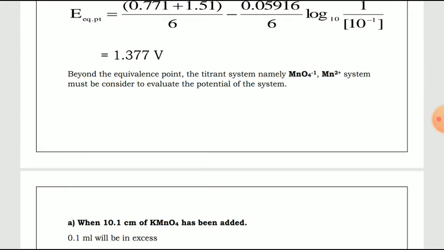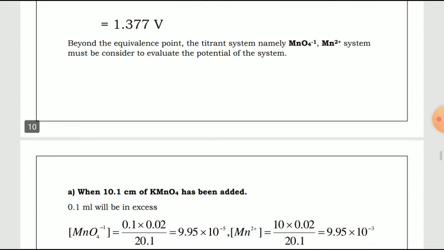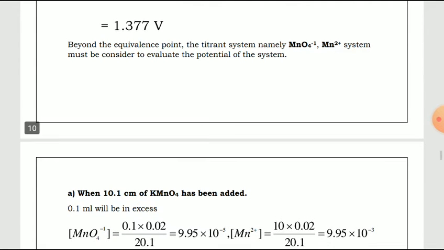When we add an excess 0.1 ml of KMnO4, then what will happen? That 0.1 ml will be in excess, then the concentration of MnO4 minus is equal to 0.1 into 0.02 upon 20.1. See, this equation we have seen in the previous example also.